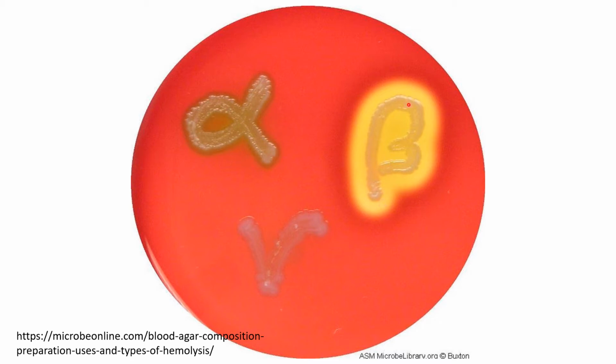But beta, there's a very clear zone, so it's complete hemolysis of the hemoglobin, while the gamma doesn't have hemolytic activity. So in this discussion, we will use blood agar plates to describe the colonies of the bacteria.